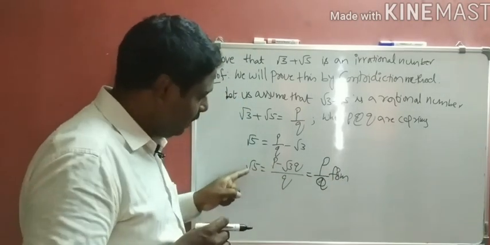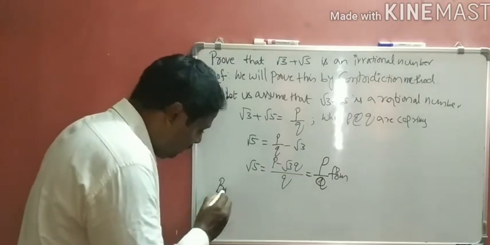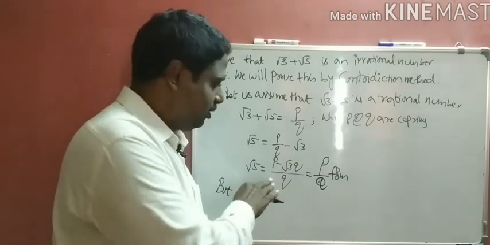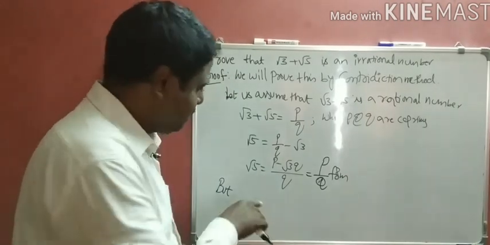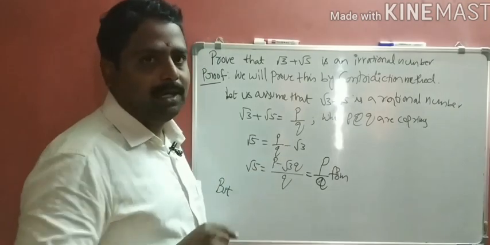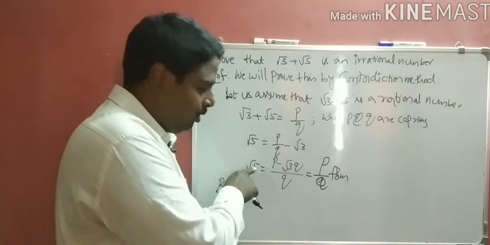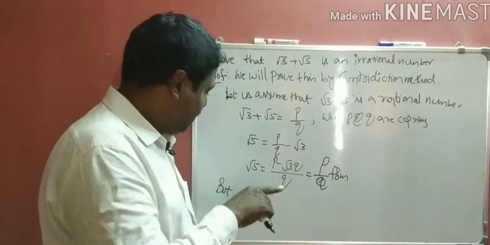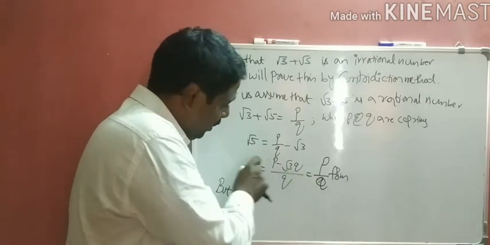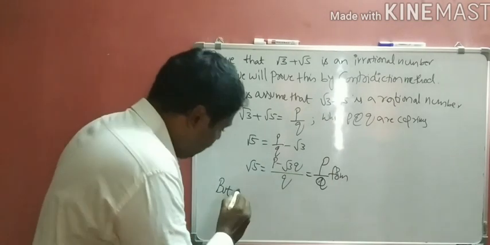We need not do the previous method's simplification here, because we are taking the general rule: root 5 is an irrational number, which we already know. So since root 5 is an irrational number, what we got here is root 5 equal to p by q, an irrational number equal to a rational form, which is wrong.